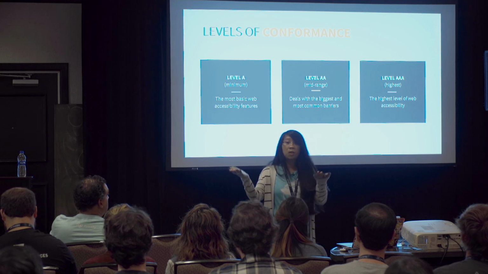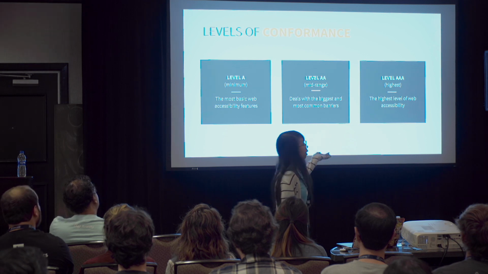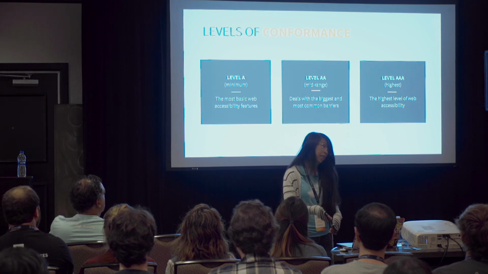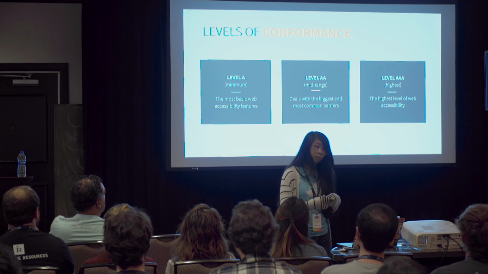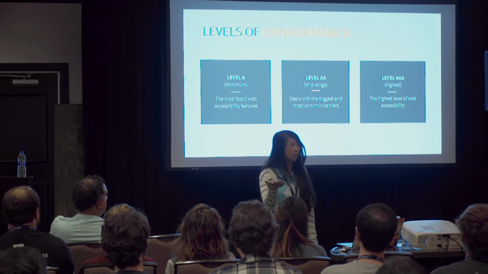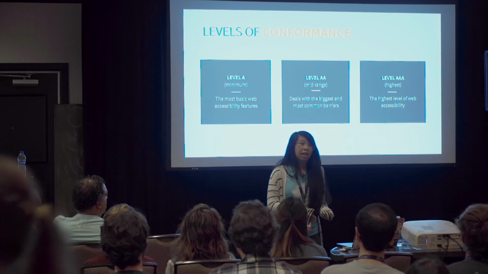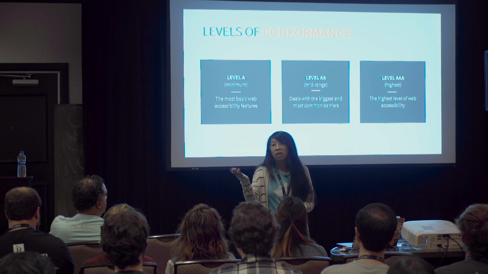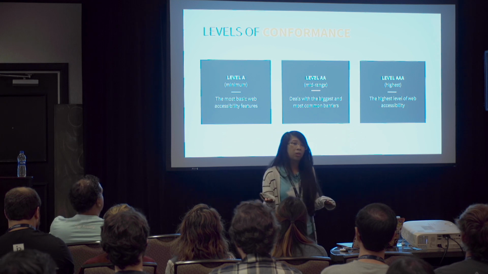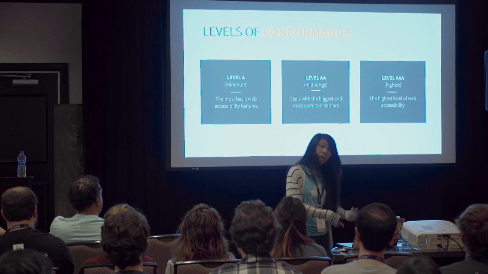And I know you're thinking, well, if that's the highest level, why don't we all do level AAA? That's because some of the criteria with level AAA is not really cost beneficial. Like one of the guidelines is having sign language for every video. And as a company, you need to outweigh the cost versus the benefit. So level AA is perfectly acceptable, and it's the most common.